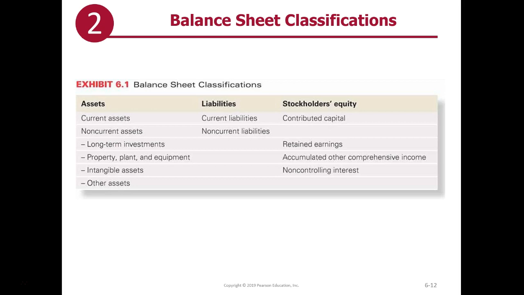Under liabilities, we simply have current and non-current liabilities. And under stockholders' equity, we have our contributed capital, which is our common and our preferred stock. We have retained earnings, our AOCI, and if there is a non-controlling interest, it will be listed under stockholders' equity.